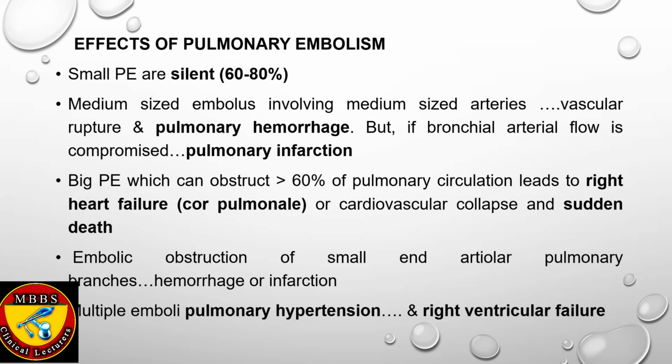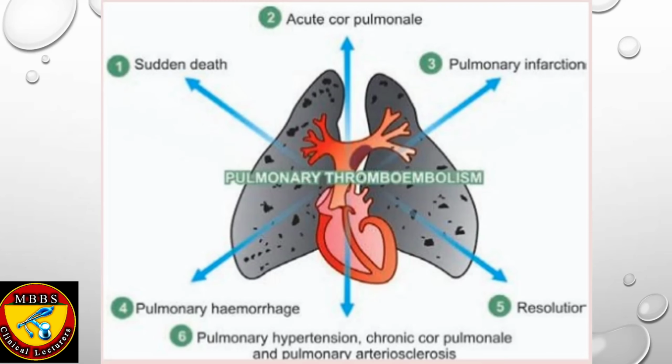Now certain emboli which obstruct the small arterial pulmonary branches can even cause hemorrhage or infarction. And multiple emboli coming one by one in the pulmonary artery continuously can lead to pulmonary hypertension and right ventricular failure. So this is the summary of the consequences of pulmonary thromboembolism.